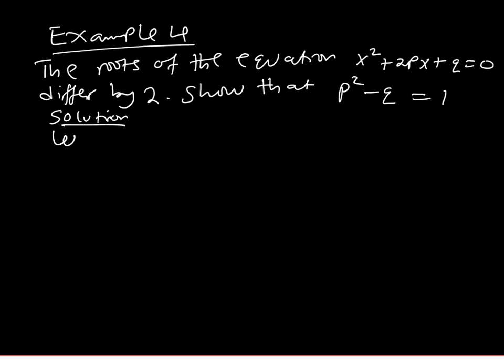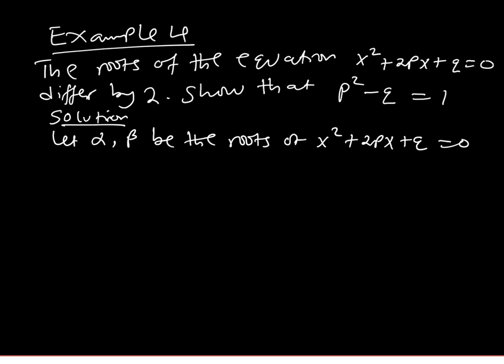So let alpha, beta be the roots of x squared plus 2px plus q equals to 0. So what is the sum? Alpha plus beta is minus b over a.